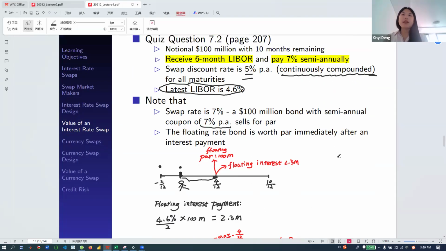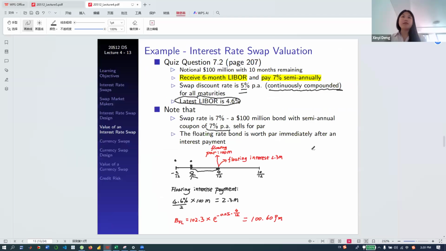You may be wondering, why wouldn't we utilize the cash flows 10 months later? The whole reason for using this trick, that the floating rate bond is worth par immediately after an interest payment, is because those payments are in arrears.